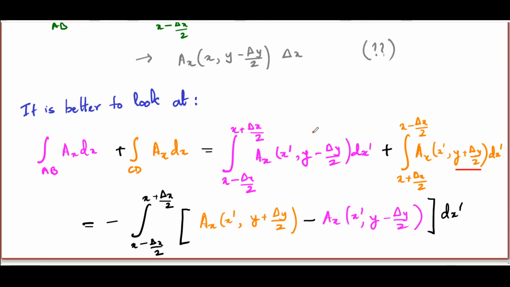And this gives us a single integral from x minus delta x by 2 to x plus delta x by 2. I've taken a minus sign out overall, so that this term, which has a minus sign because of the switch in the limits, comes in out here first. Ax evaluated at x prime, y plus delta y by 2 subtracted from Ax at x prime, y minus delta y by 2.